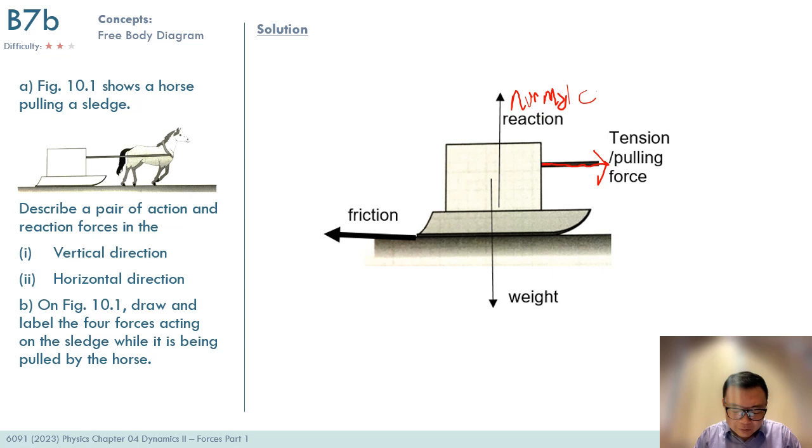Sometimes we call it normal contact force also, and it's an outwards force that is exerted by the ground on the sleigh itself to support the object. There is a frictional force as the sleigh is dragged forward. The frictional force acts in the opposite direction, which is backwards, and of course there must be a downwards weight acting on the object.